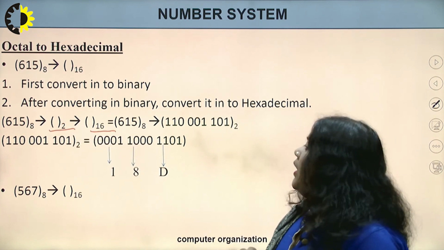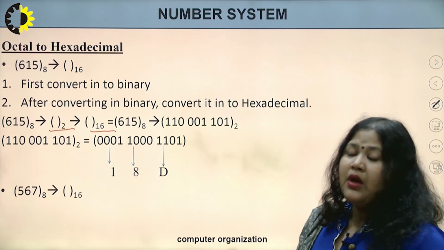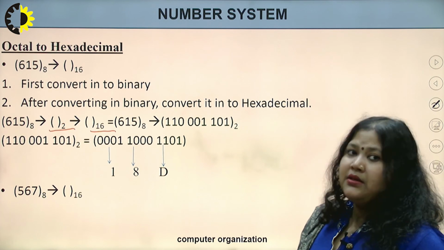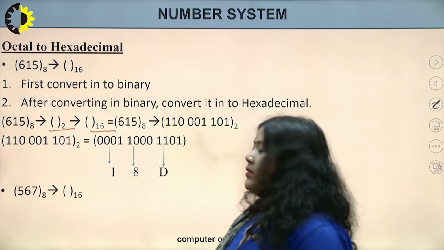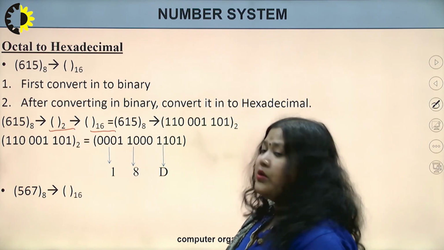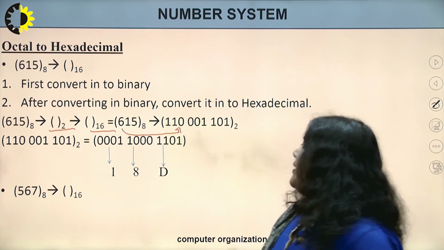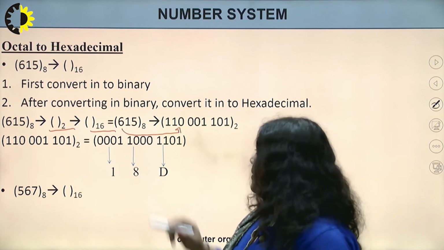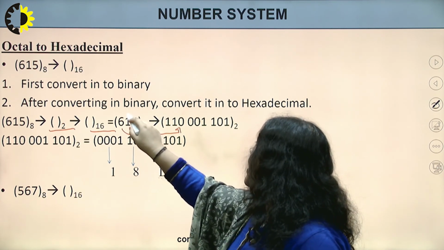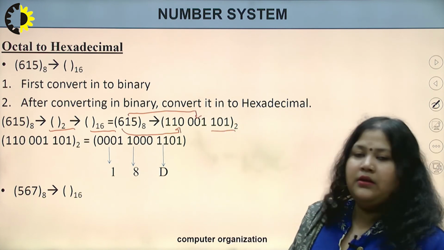So we use 3 bits for each digit, because we are converting octal to binary. The representation of 6 in binary is 110, because we use 3 bits in the grouping. 1 is 001 and 5 is 101.